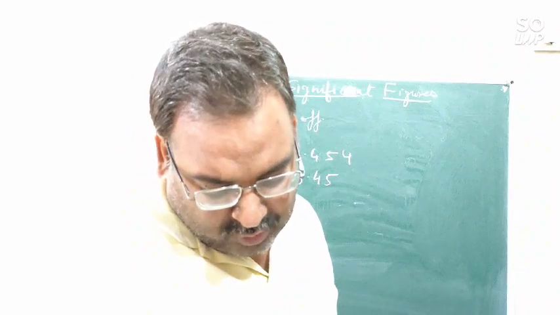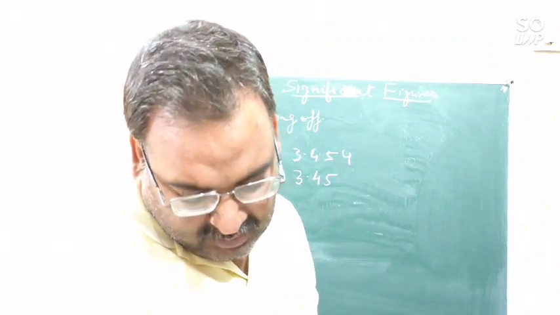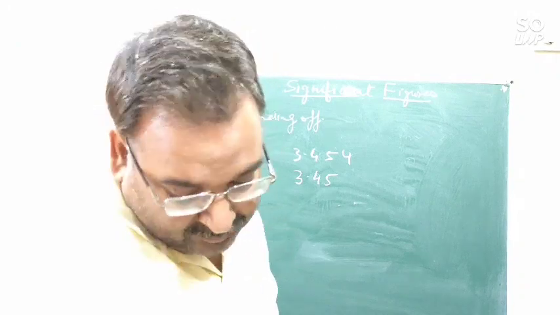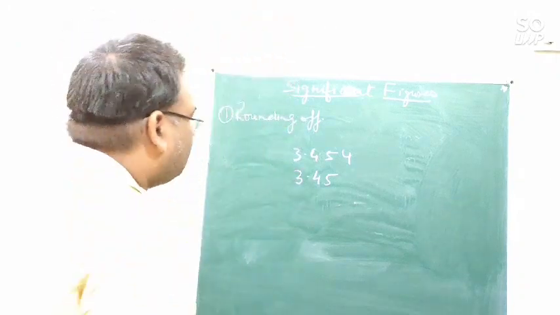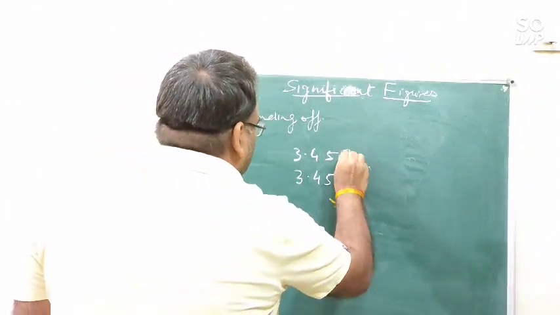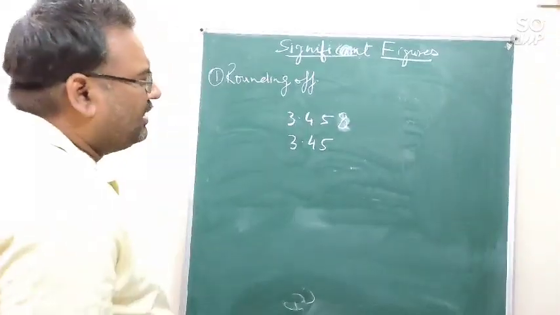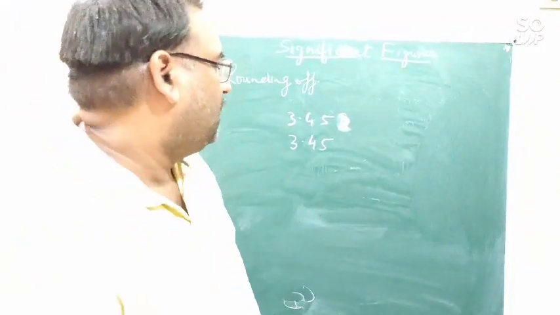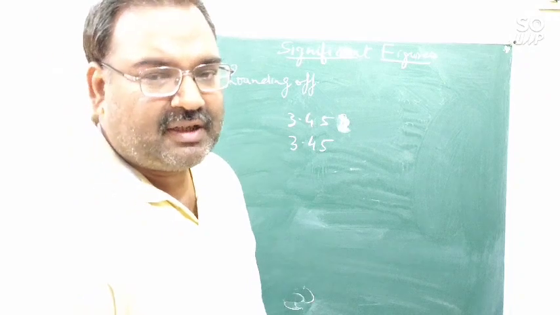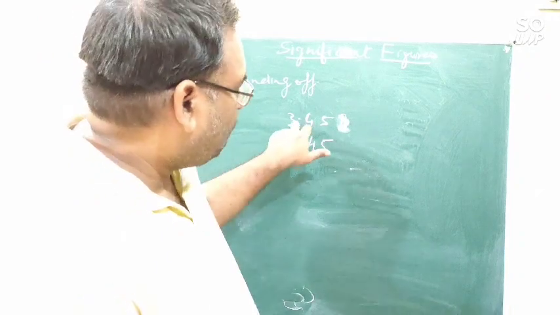Then the second rule: if the digit to be dropped is more than 5. So for the second example, we make this digit 8. Now the number is 3.458. Now it has to be rounded off to three significant figures. At present it has four significant figures.